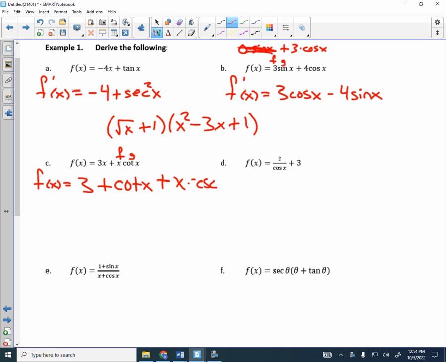Negative cosecant squared of x. So as we write this, we would have f prime of x is equal to positive 3 plus cotangent of x minus x cosecant squared of x. And that's it.